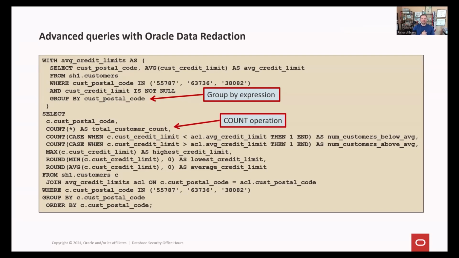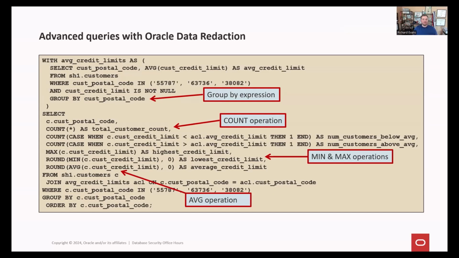We could have a redaction policy on the postal codes or the credit scores, and we can still use our group bys, our counts, our mins, our max, our averages, right? And so we can utilize data redaction and still get some results back, but not necessarily all the results, that raw data that we wouldn't want the customer to see.